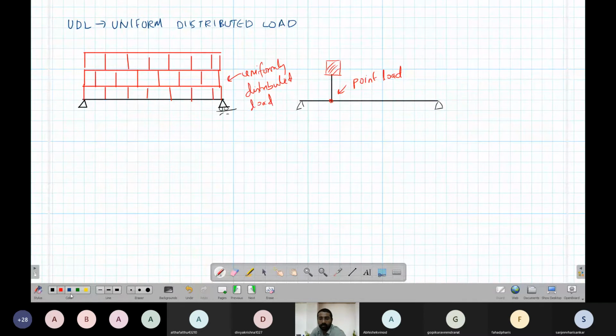Okay. There is another example. Let's say we have an aquarium, some container. And we are filling it with water.